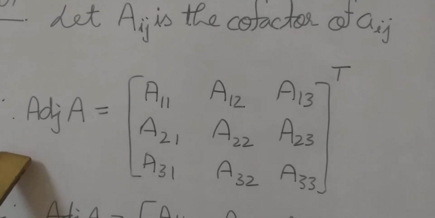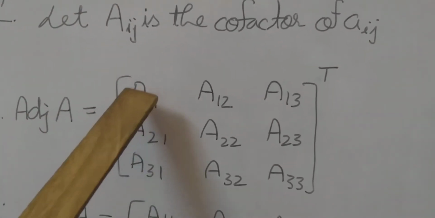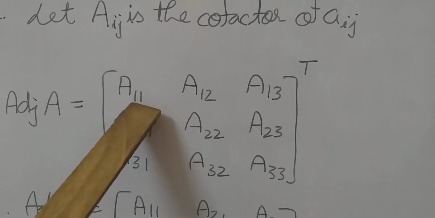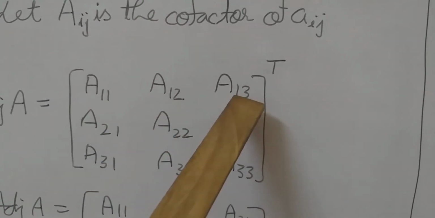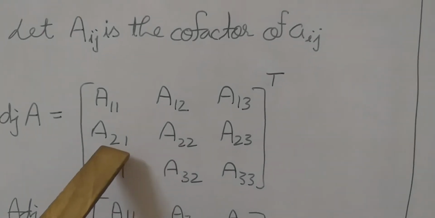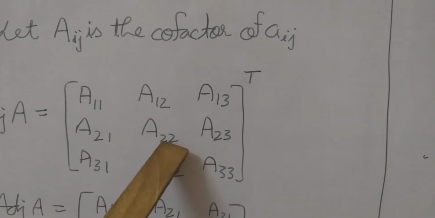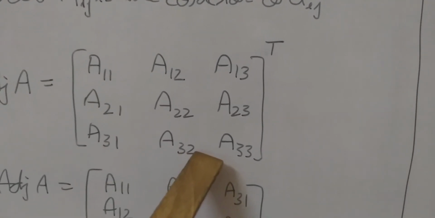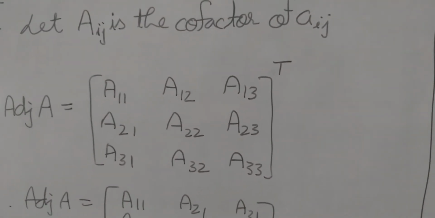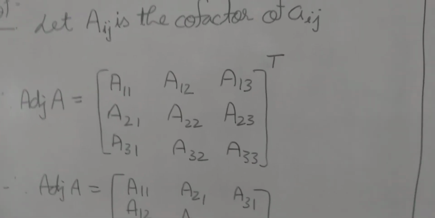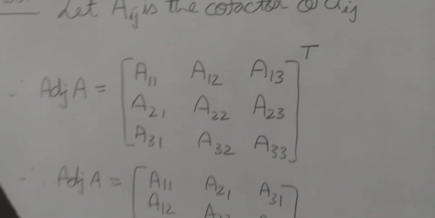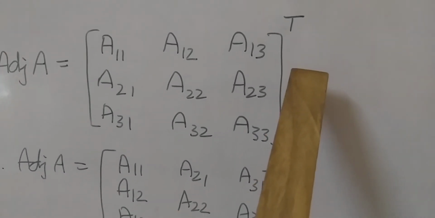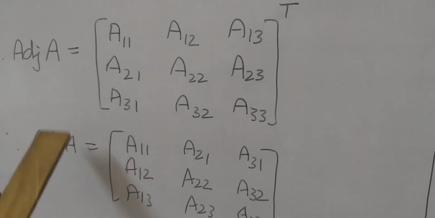So adjoint A equals, I have written here students, A11 cofactor, A12 cofactor, A13 cofactor, A21, A22, A23, A31, A32 and A33 cofactors. All elements' cofactors I have written here. And we have to find its transpose.